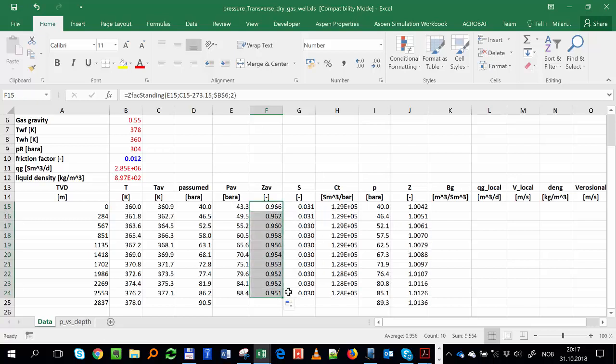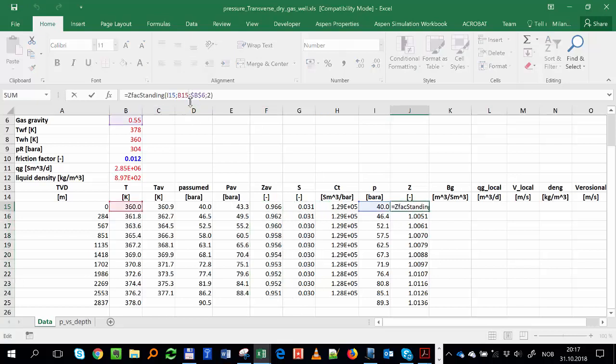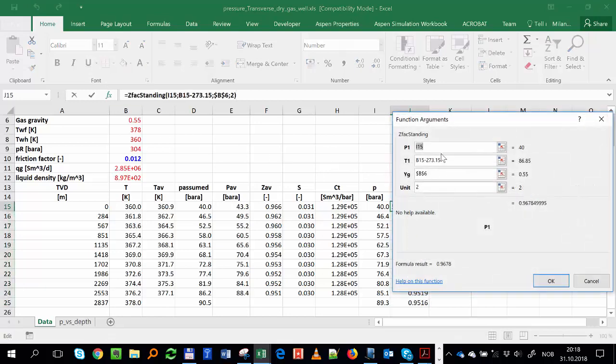And the same thing for this Z. I have to take the temperature. A small mistake, it doesn't change the results much, but in reality, this C factor standing function takes the temperature in Celsius.